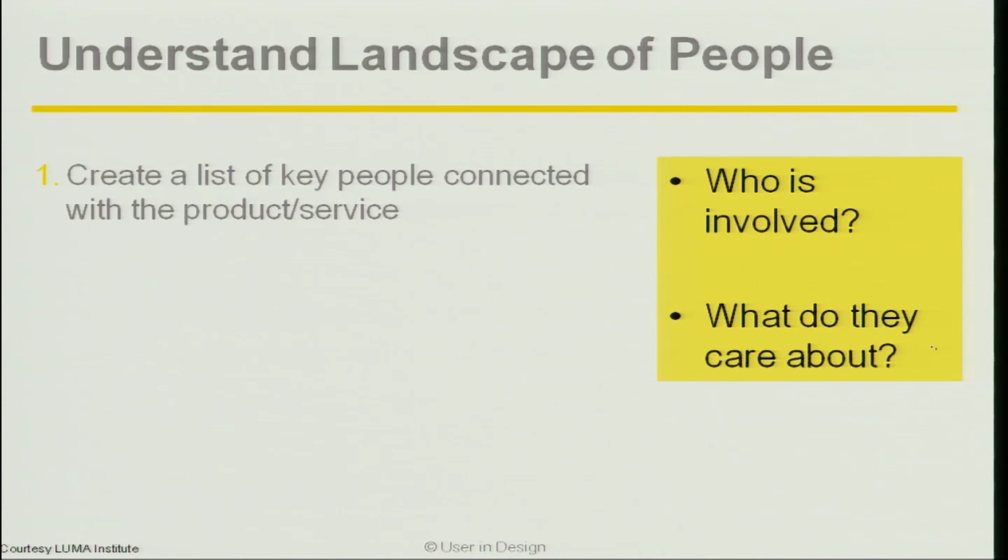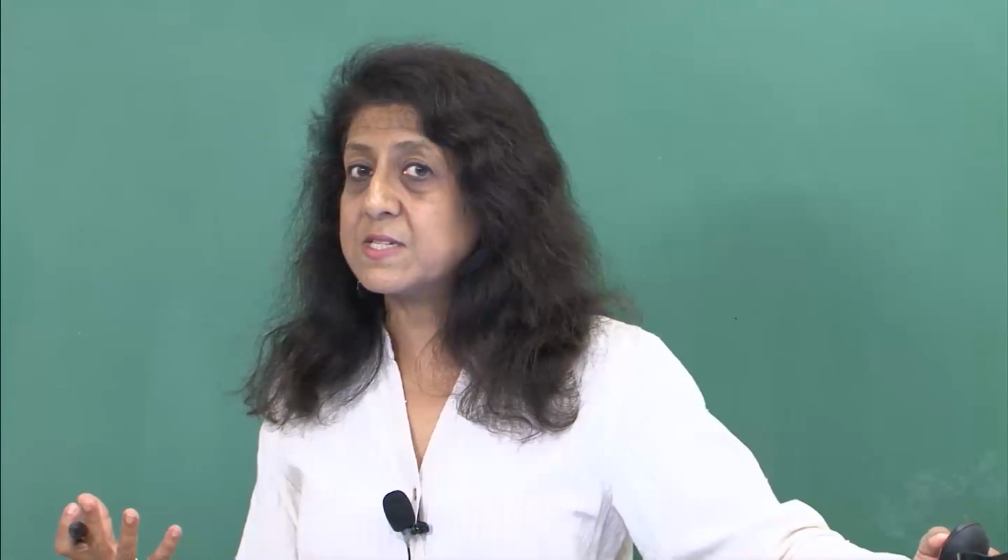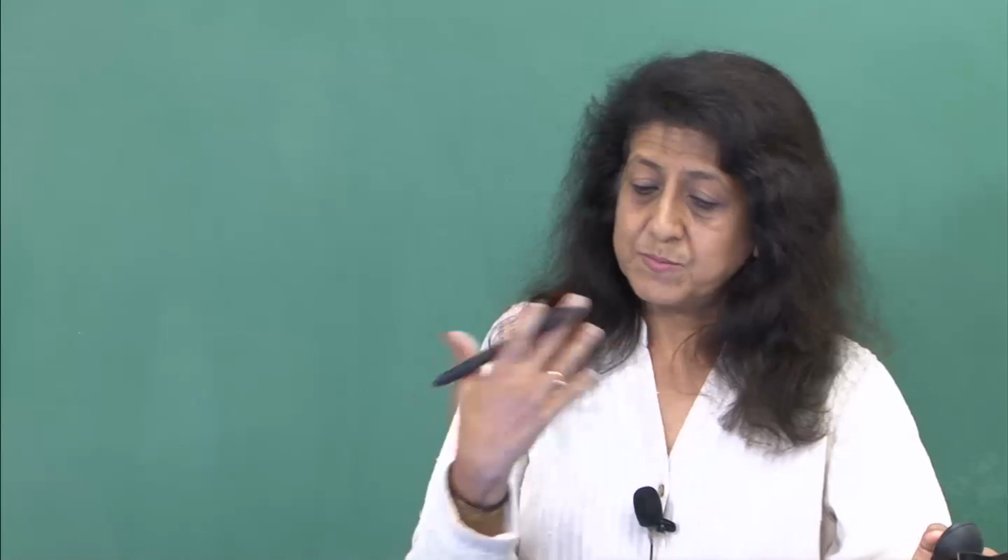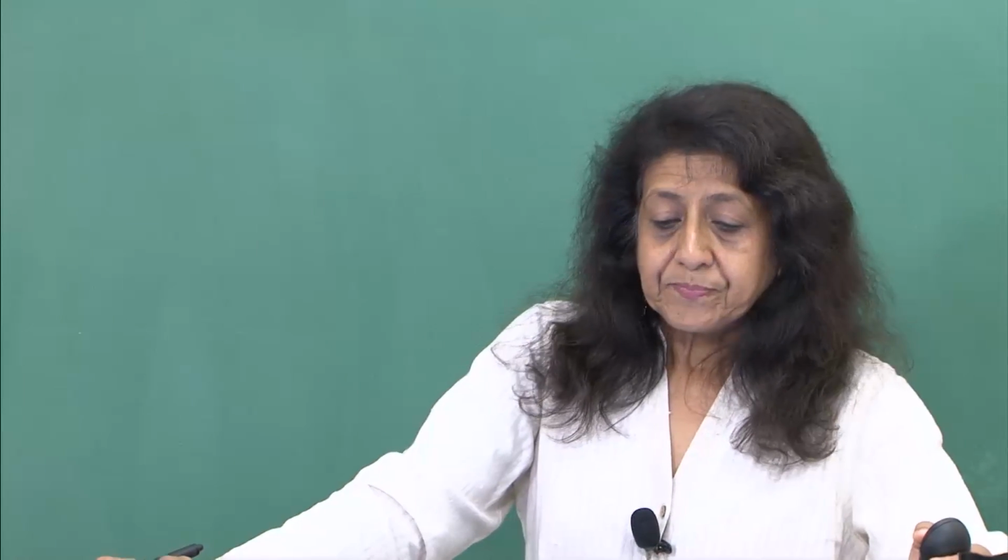So, in understanding the landscape of people, what we do is we create a list of key people connected with the product or service, just like I described to you. So for the elderly person, we might say, it's the elderly people, maybe his or her friends, maybe the family that he's staying with, and so on and so forth, right?